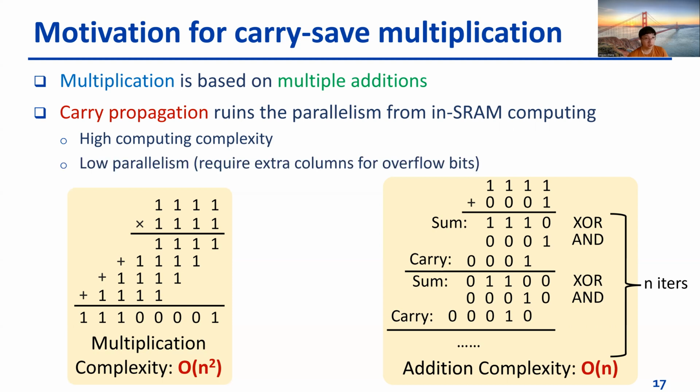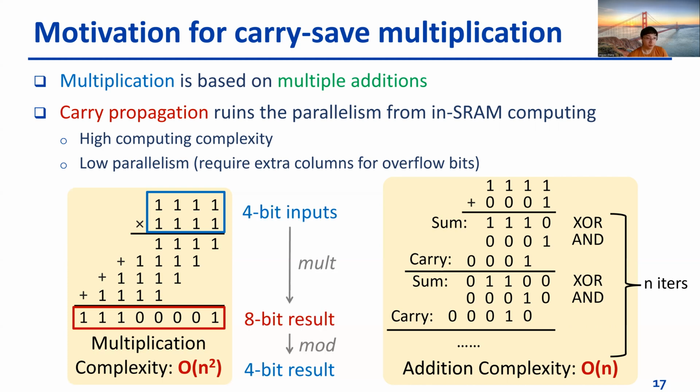In addition, carry propagation-based multiplication requires extra columns for overflow bits, which lowers the parallelism. For example, for a 4-bit input, 8 bits are necessary to store results, even though this 8-bit result will be modularized into a 4-bit result afterwards.